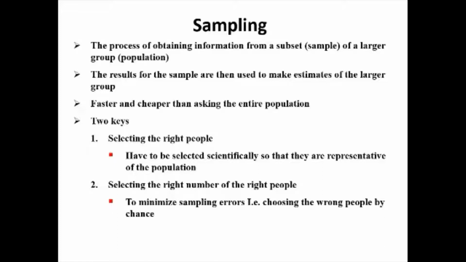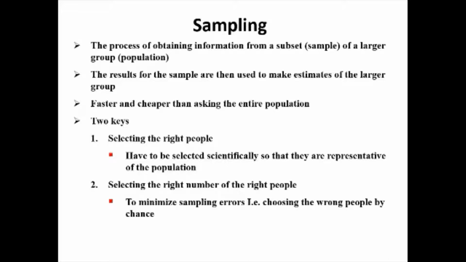Then what do you mean by sampling? Sampling is a process of selecting a part or subset of the population for the purpose of gathering information. Again, what do you mean by sampling?